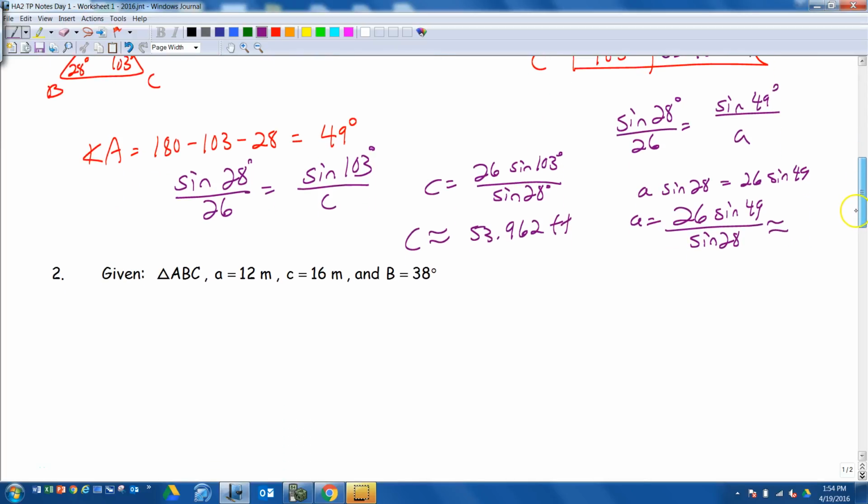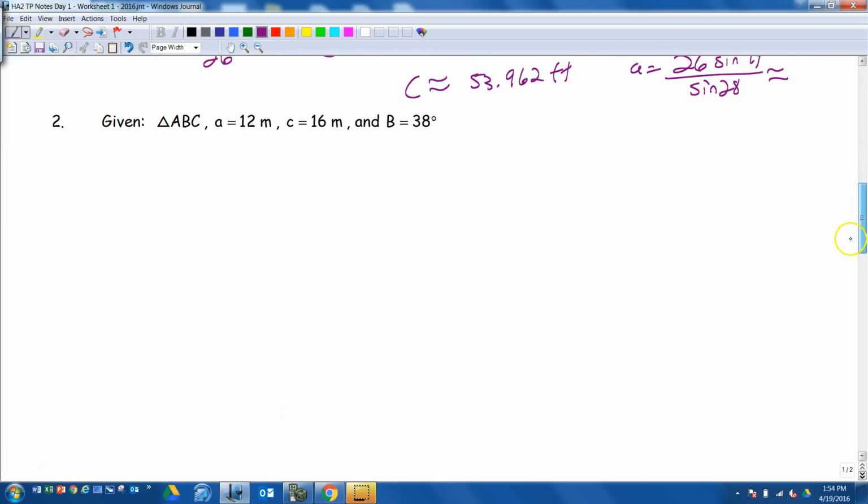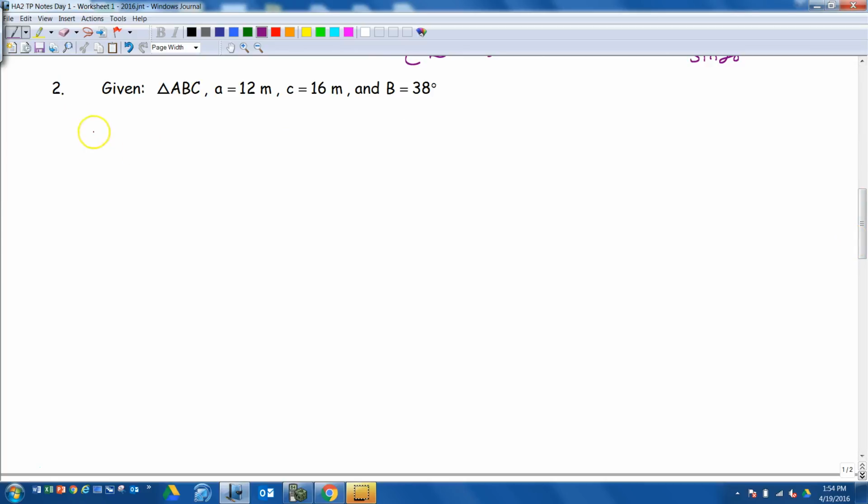Okay, let's do number 2. Draw another random triangle where you have A is 12, C is 16, and B is 38. Now, I'm going to do the chart real quick, but again, here's how you know if it's law of sines or cosines, looking at the chart.